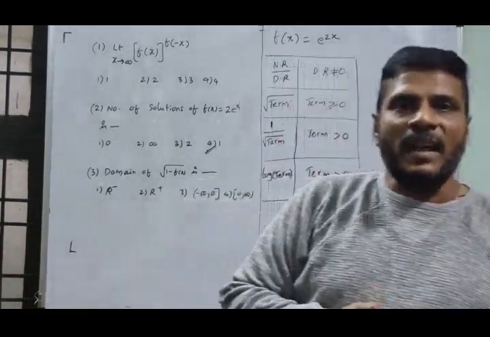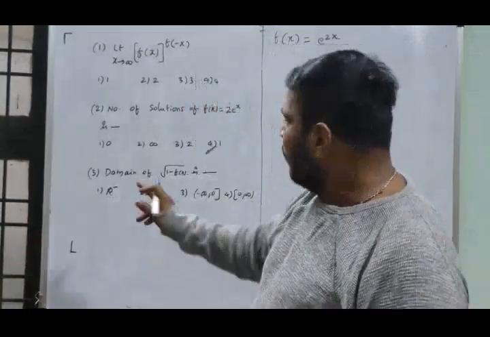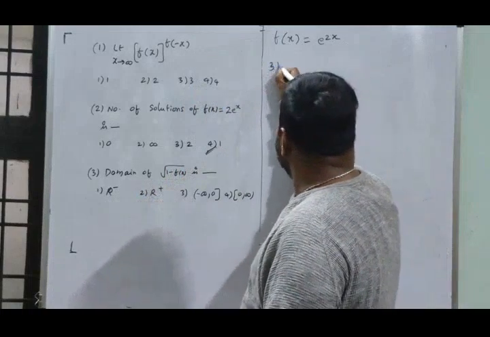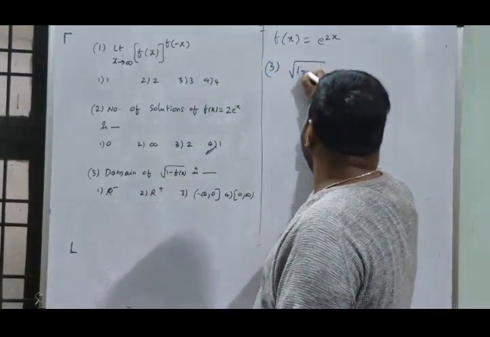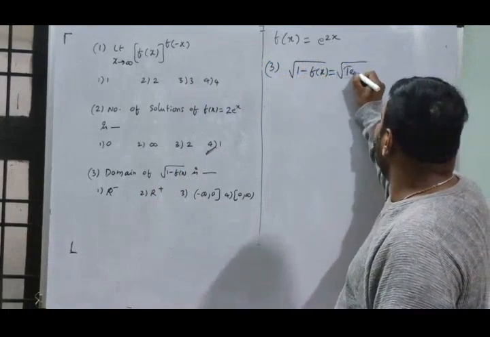Okay, that's it. Here our function is root of 1 minus f of x. Third question, root of 1 minus f of x is of the form root of term.